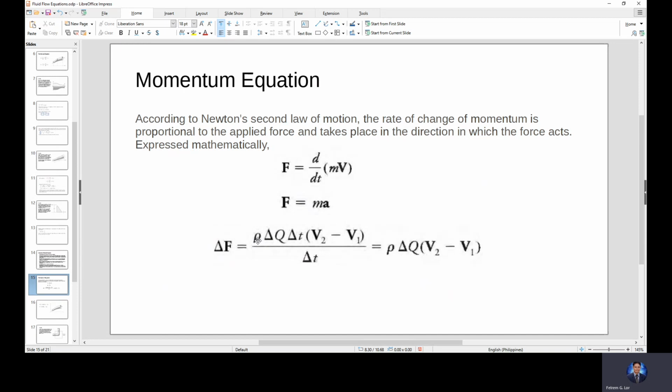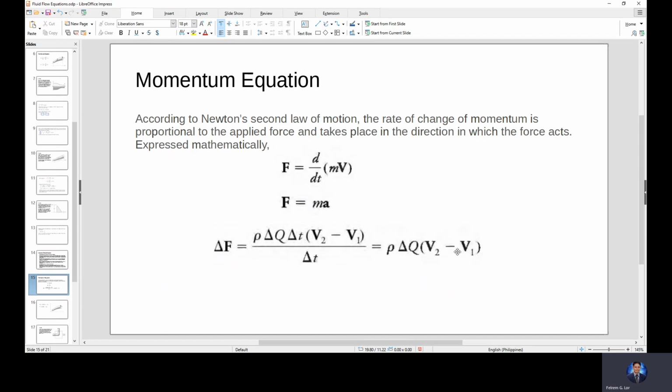So delta Q times delta T. We know that V2 minus V1 over delta T is the acceleration. In this equation, we can cancel delta T. What remains is rho delta Q times V2 minus V1.